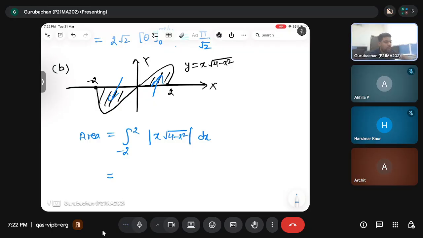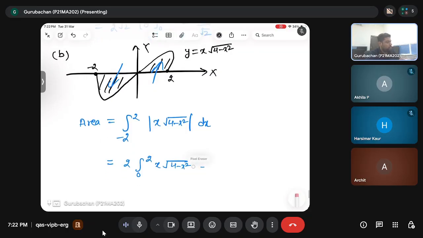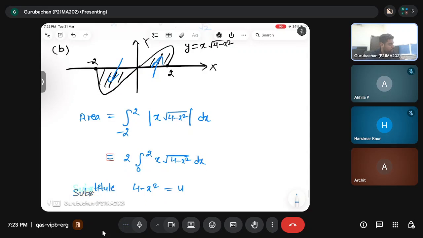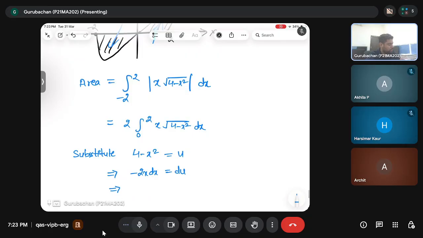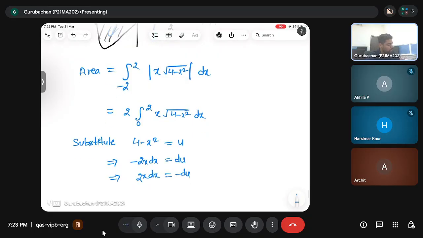Because of the symmetry, we may write it as 2 times the integral from 0 to 2 of x under root 4 minus x square dx. Here are the rules of substitution. 4 minus x square is some u, so you will get minus 2x dx equal to du, and thus x dx is minus half du.